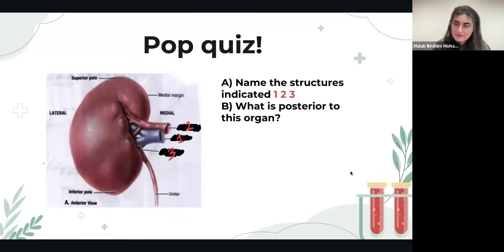Can you answer B as well? It's: name all the muscles that are posterior to this organ.